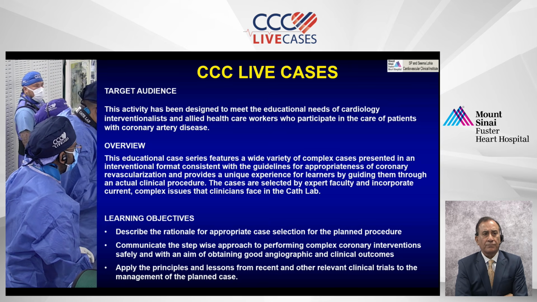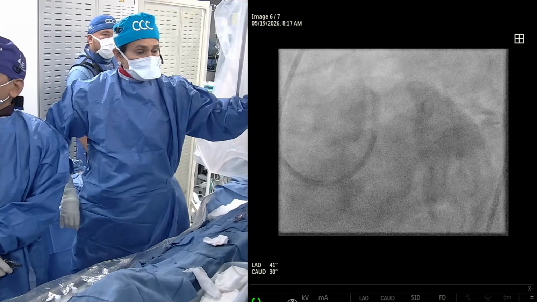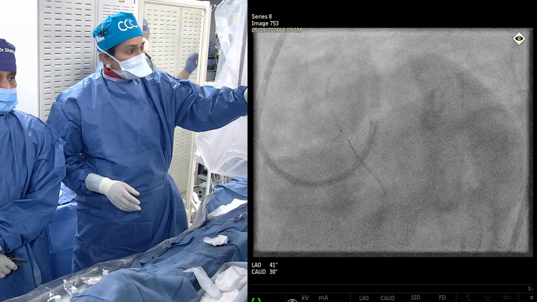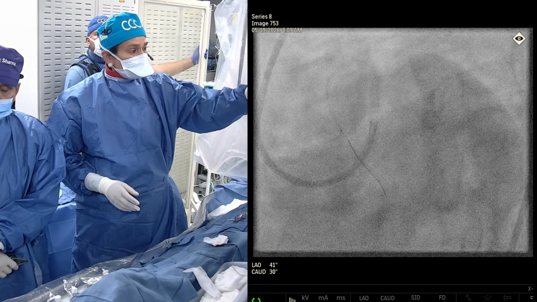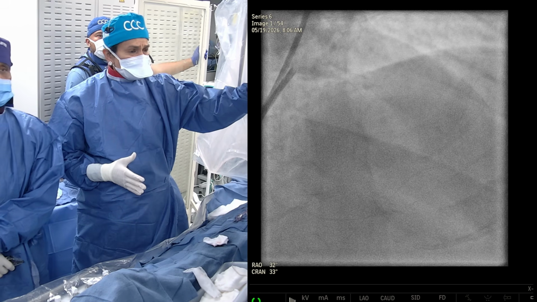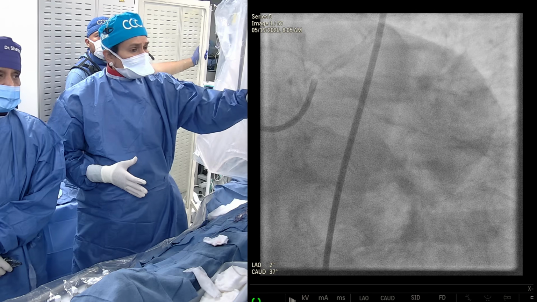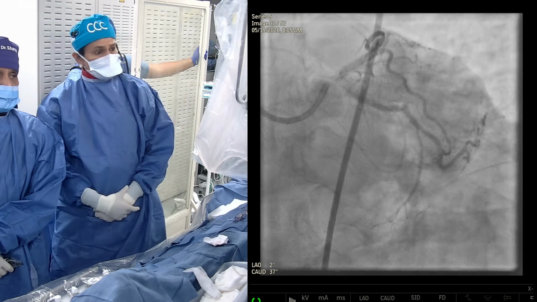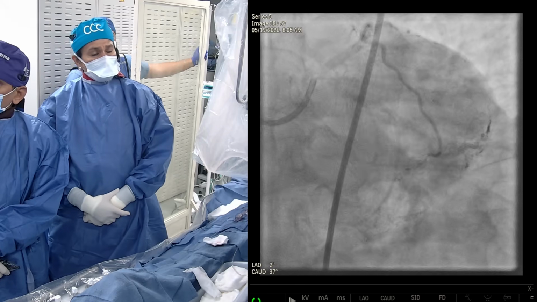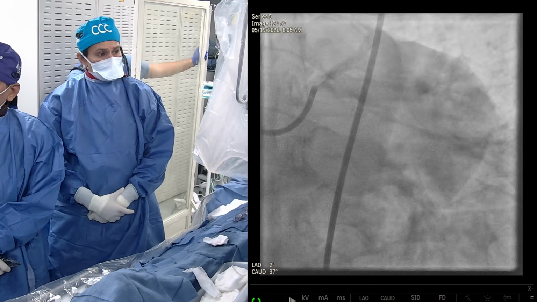Okay, so short left main. We took an FCL guide just because most of the disease from the old picture was all in the LAD. So FCL is usually a guide that helps you if you have just LAD disease with this short left main. When you have a short left main, it's okay to go with the FCL.